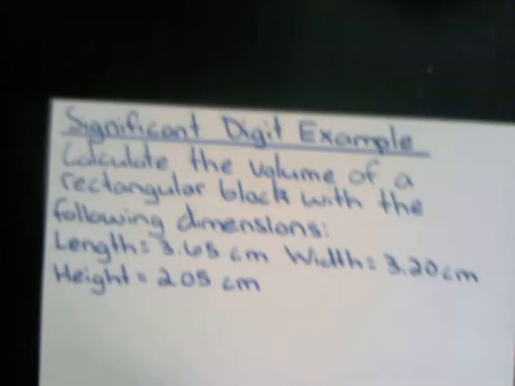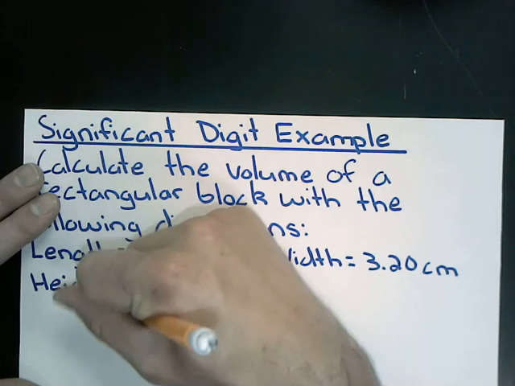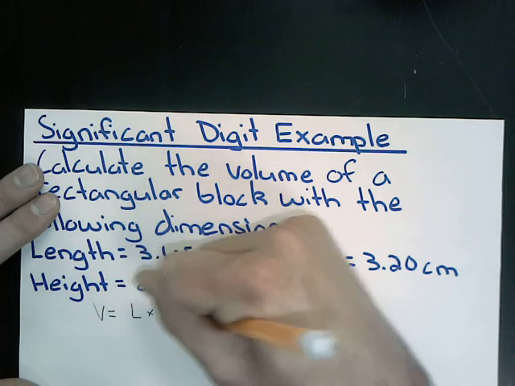So if we transition here to this, it says calculate the volume of a rectangular block with the following dimensions: a length of 3.65 centimeters, a width of 3.20 centimeters, and a height of 2.05 centimeters. Okay, so volume, remember, is length times width times height.